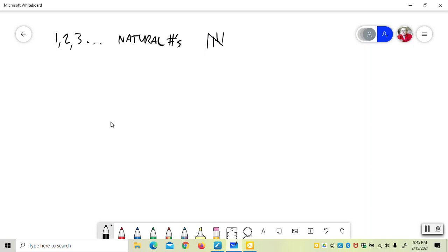The double-backed N stands for the set of natural numbers. So then we add 0 to the mix, and then we have whole numbers, which we abbreviate with a double-backed W. Not a very well drawn one, but oh well.